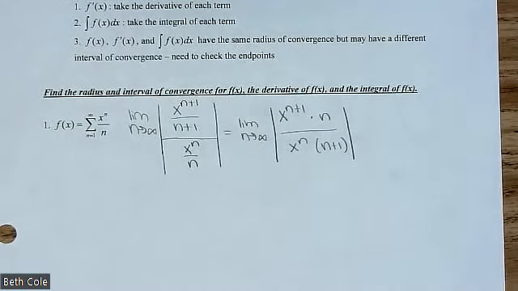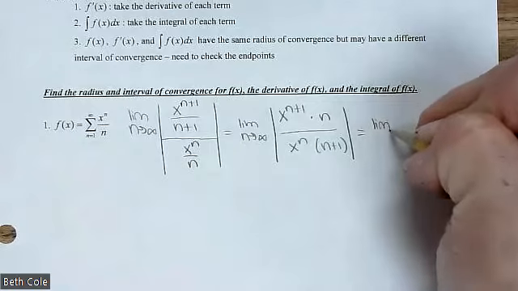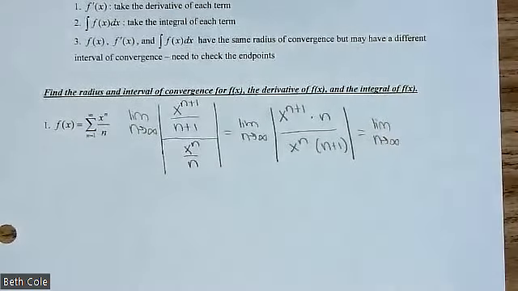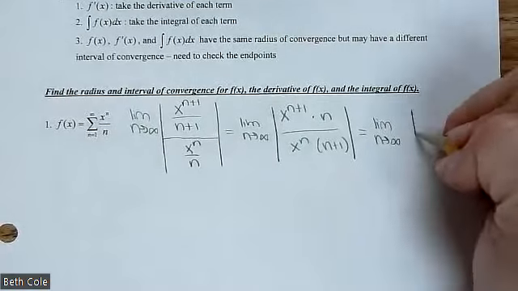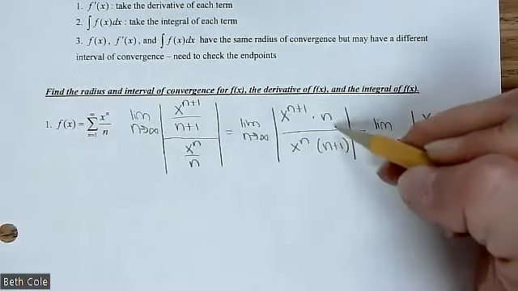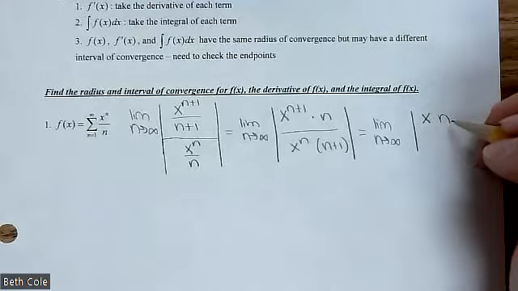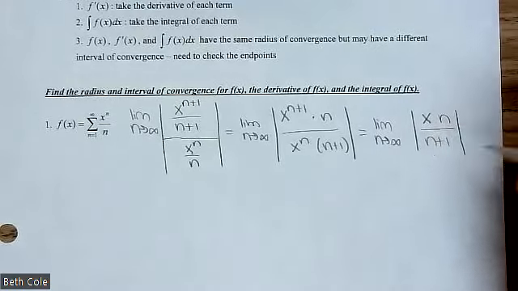And then we're going to look for stuff that cancels. So what is going to cancel here? Or what will we have left? That's a better way to do it. We'll have an x on the top, and then you really can't do anything with these. So x times n, and then over n plus 1.